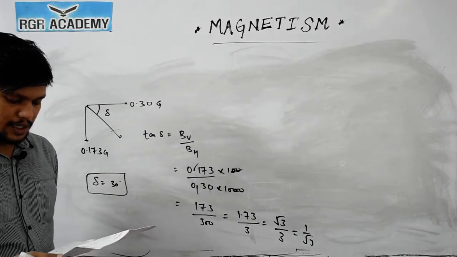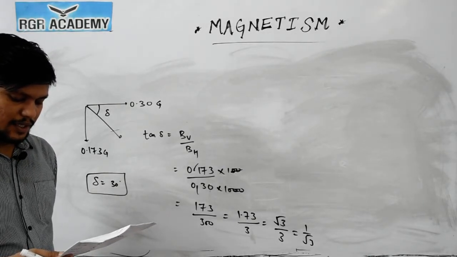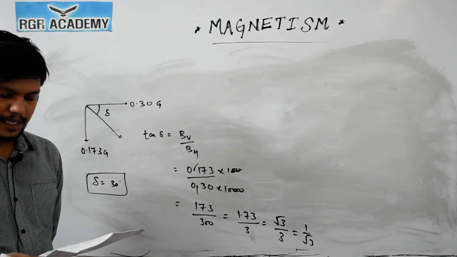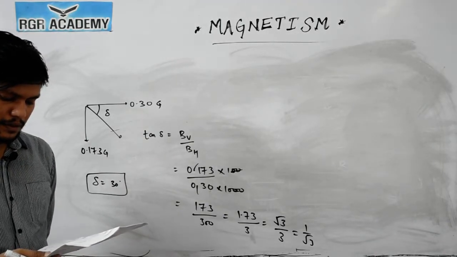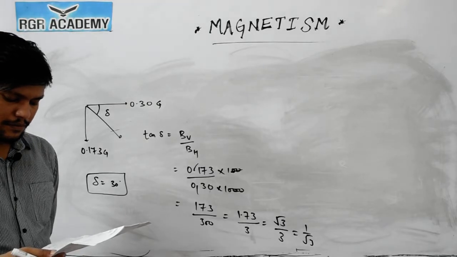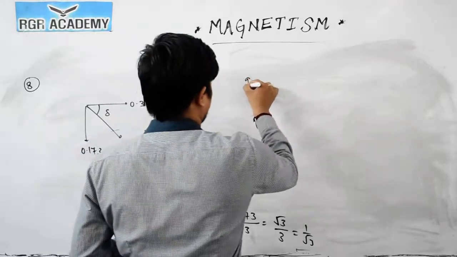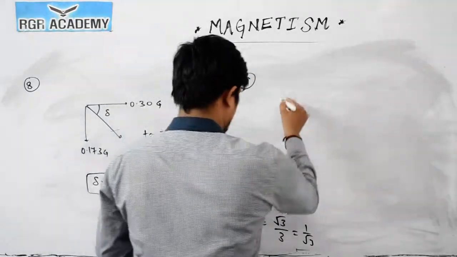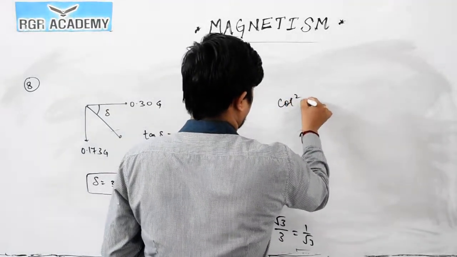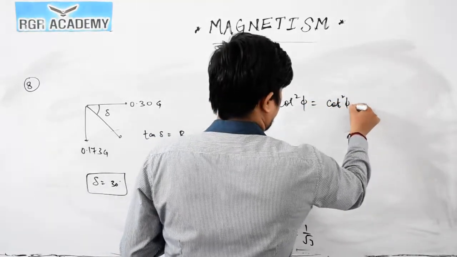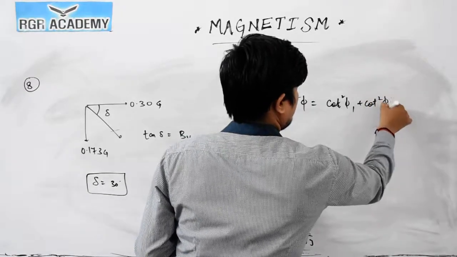Now question number 9. If phi 1 and phi 2 be the angles of dip observed in two vertical planes at right angles to each other, then phi be the true dip. So this is a formula based question. Directly we can say true dip is given by cot square phi should be equal to cot square phi 1 plus cot square phi 2.